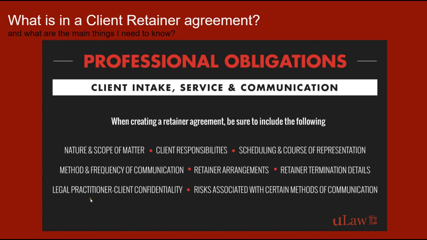So ensuring that the scope of matter is crisp, straightforward, most definitely outline client responsibilities. That was a gray area that we found a lot of our old agreement letters that we used to work with our clients did not necessarily articulate, saying, if you don't pay me on time, these are the consequences, or if you do not correspond on time, because everything is time sensitive, and time is money, and if you don't do this in time, then of course these are the consequences.